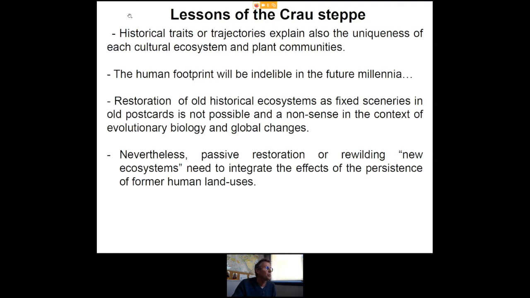And really it's important because it's not always clear for classical ecological study that these historical traits are really part of the definition of the uniqueness of our cultural ecosystem.